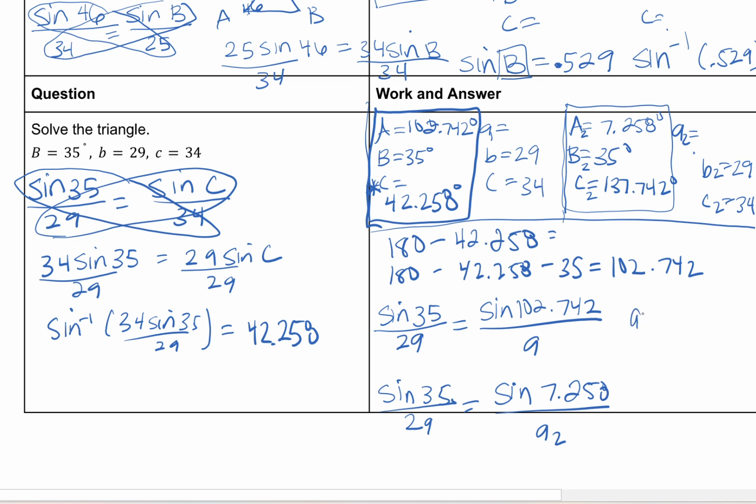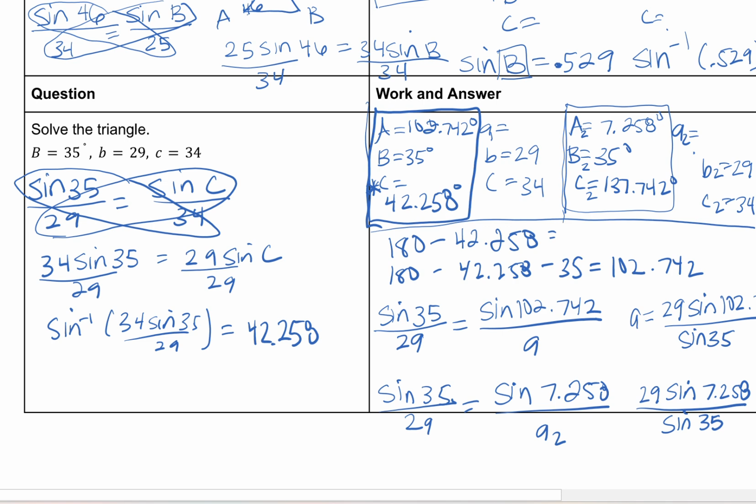So a1 equals 29 times the sine of 102.742 divided by the sine of 35. And this one is cross multiplying 29 times the sine of 7.258, so that's your acute angle, divided by the sine of 35, and that will give me my other side.